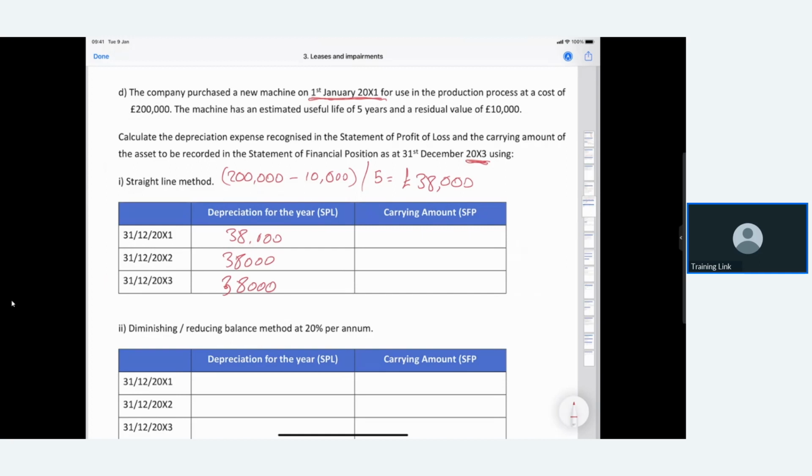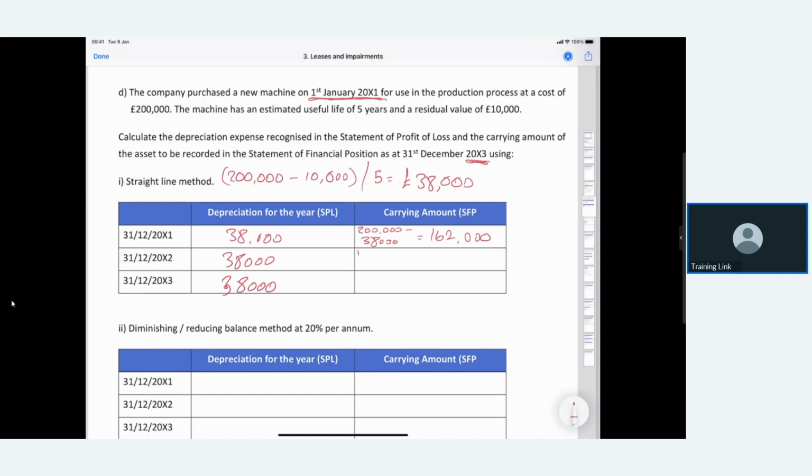And then the carrying amount is going to be the cost less depreciation. So we would have effectively 200,000, the cost, less 38,000 equals 162,000.